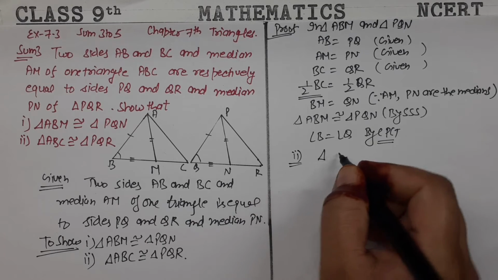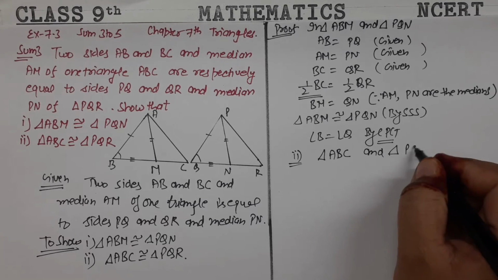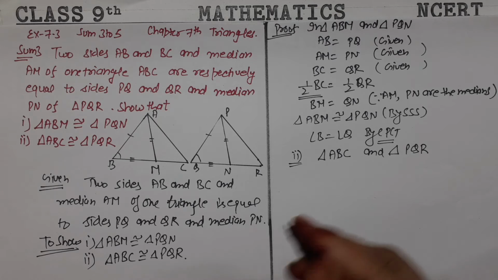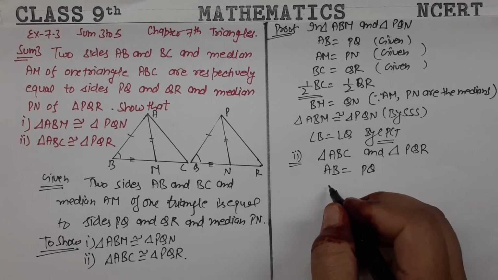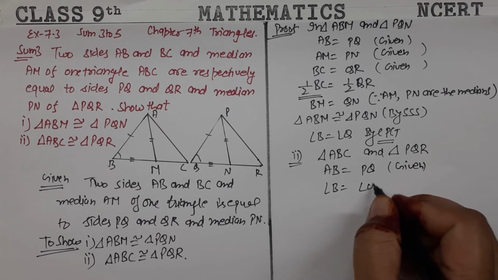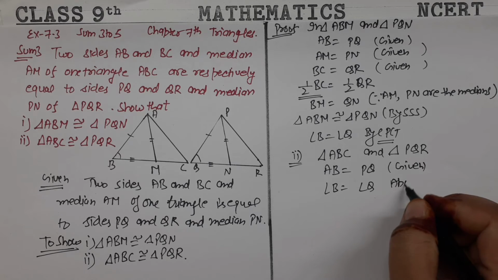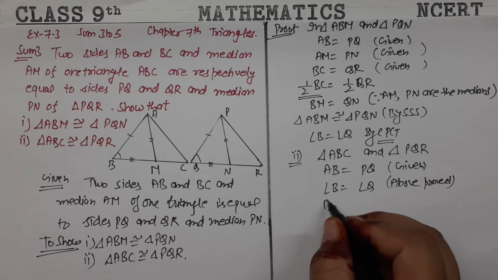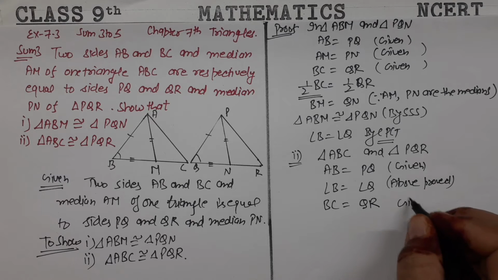For the part second, in triangle ABC and in triangle PQR, AB is equals to PQ, angle B is equals to angle Q, above proved, and BC is equals to QR.